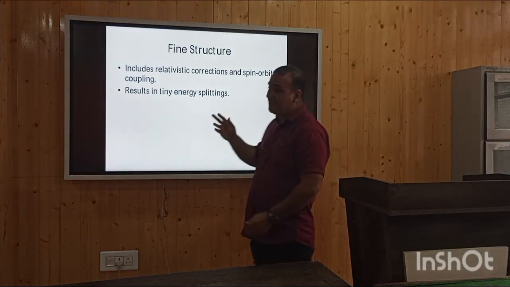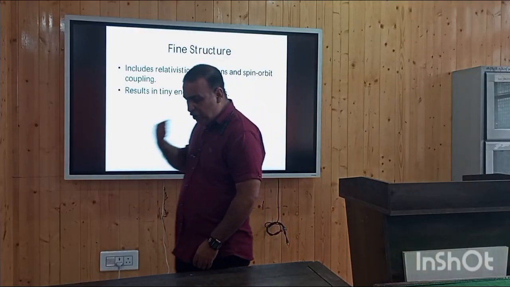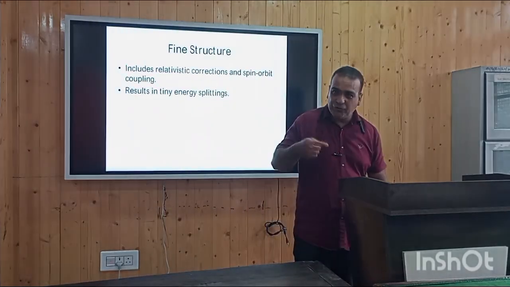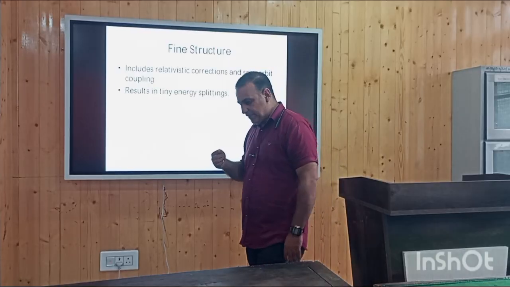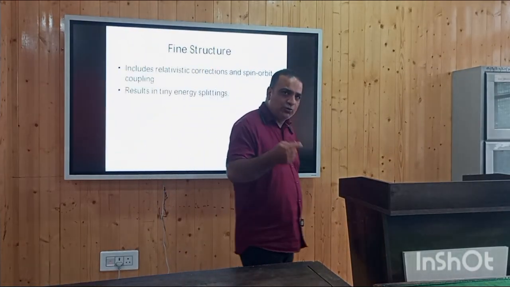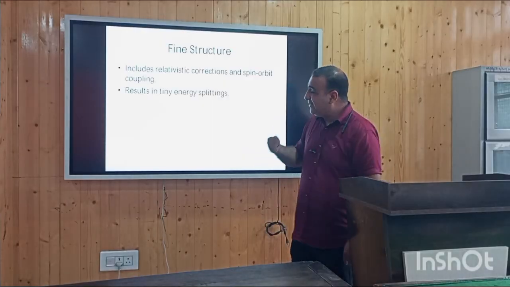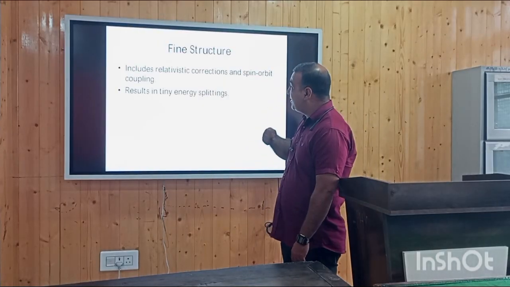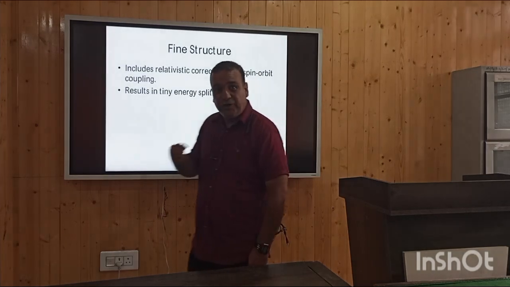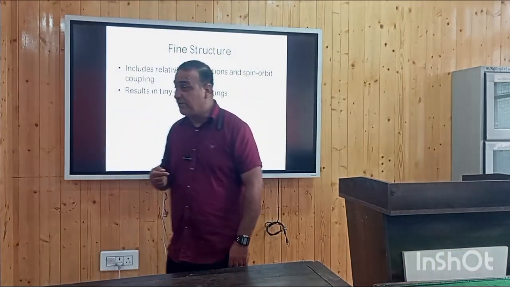One is the relativistic correction, because the electron is revolving around the nucleus, and the speed of the electron is somehow not very close to the speed of light, but the speed is very large. When you have more speed, you have to incorporate the relativistic corrections.